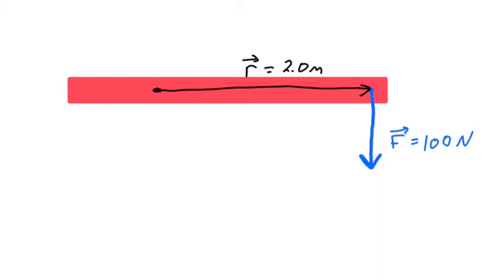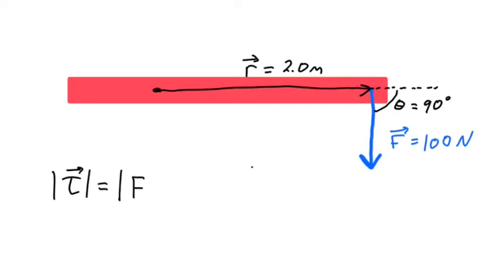All right, last thing we need to know is the angle between the r vector and the f vector. And so remember, our r vector is pointing to the right. Our f vector, it looks like, is pointing straight down. So we'll make this our theta, and we'll say that that's 90 degrees. So then the magnitude for the torque is going to be the magnitude for the force times the magnitude for the r vector times the sine of the angle between those.